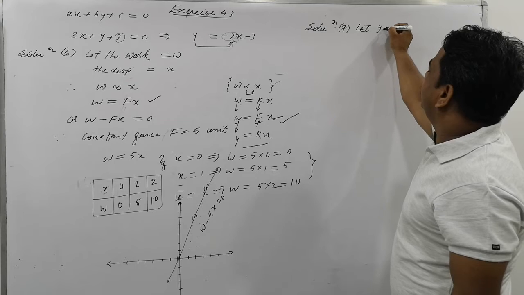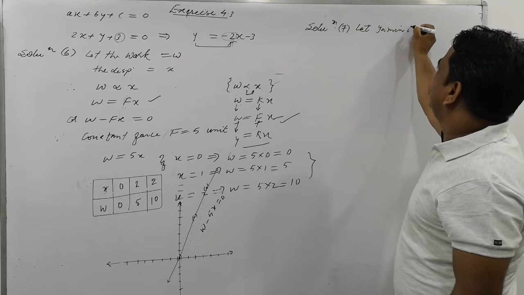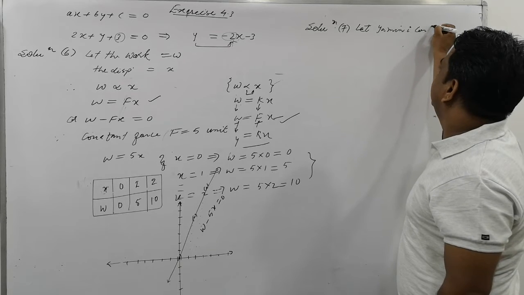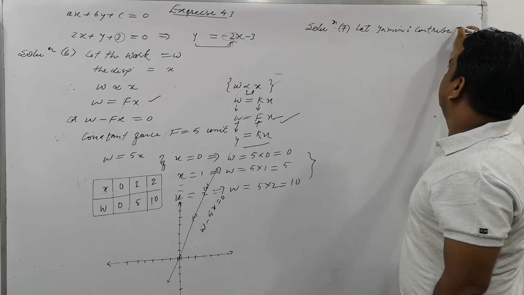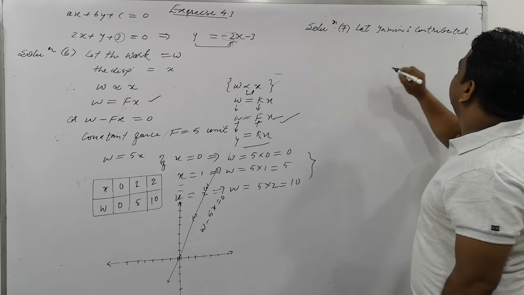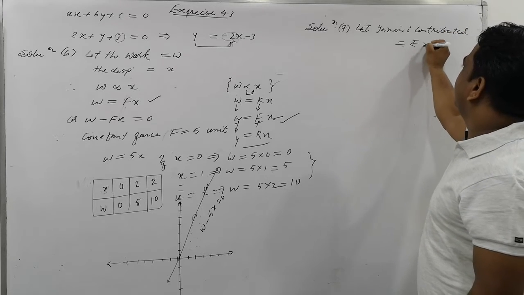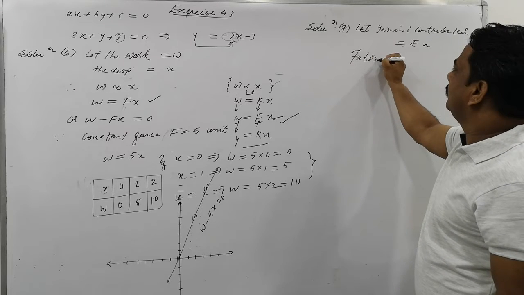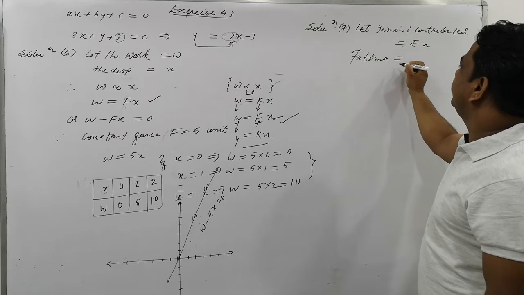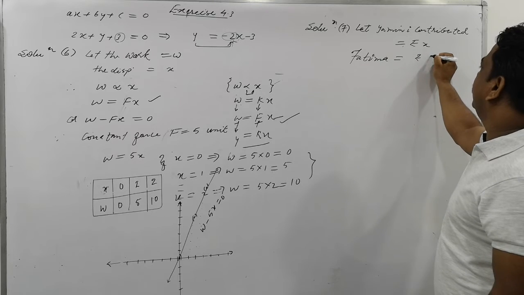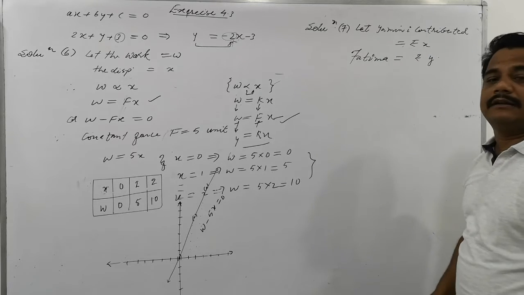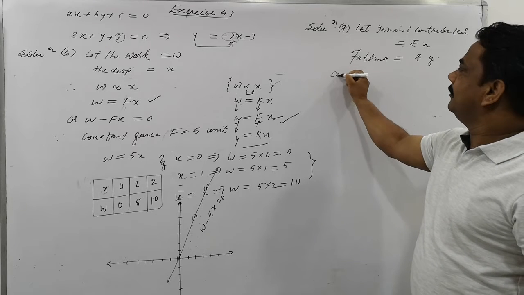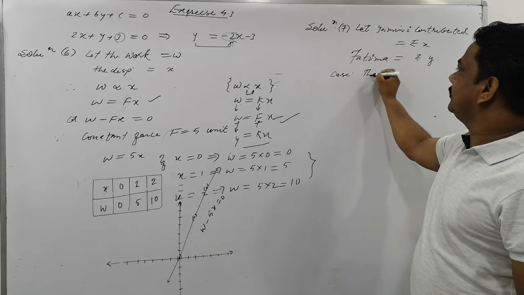Let Yamini contribute rupees X and Fatima contribute rupees Y. Is that clear? And what is the case here? Please tell me.